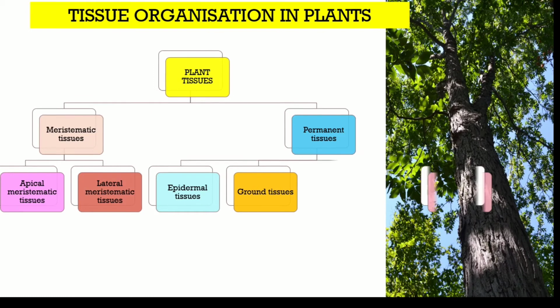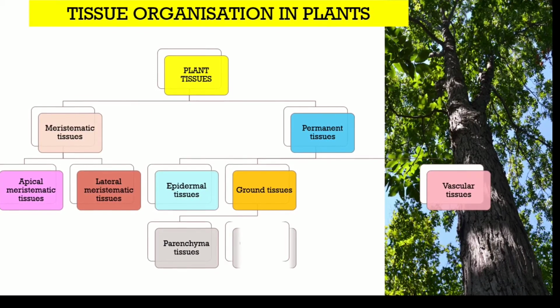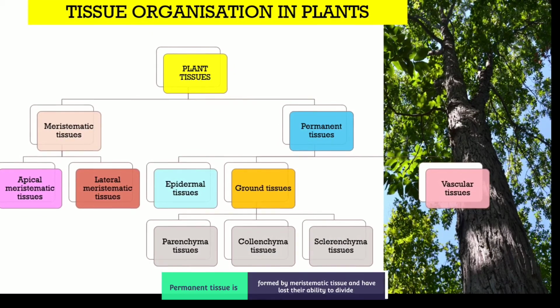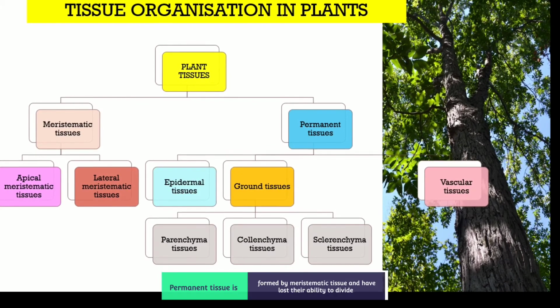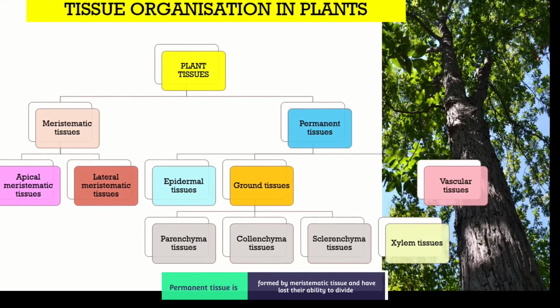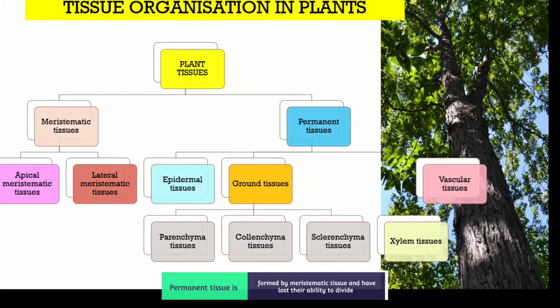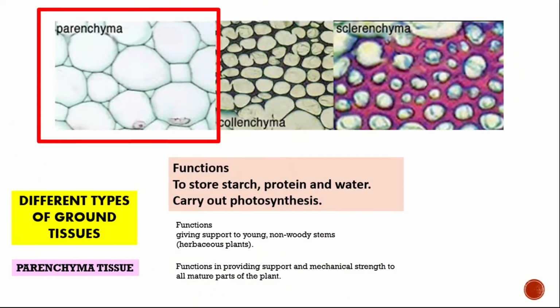Meanwhile, the permanent tissue consists of epidermal tissue, ground tissue, and vascular tissue. Ground tissue is divided into three types: parenchymal tissue, collenchymal tissue, and sclerenchymal tissue. Vascular tissue is divided into two types: xylem tissue and phloem tissue.